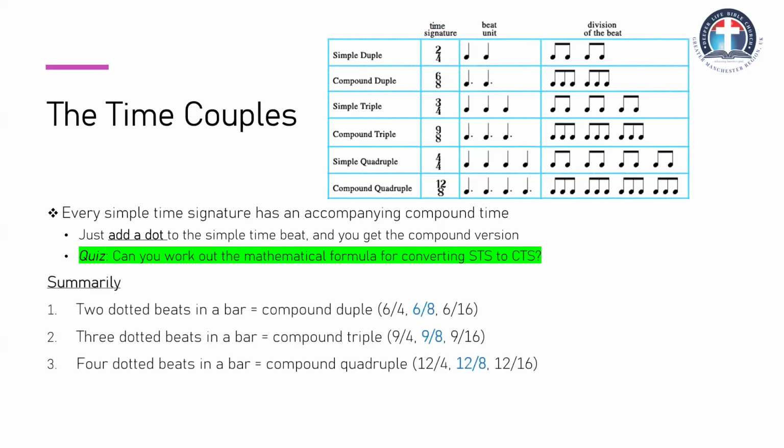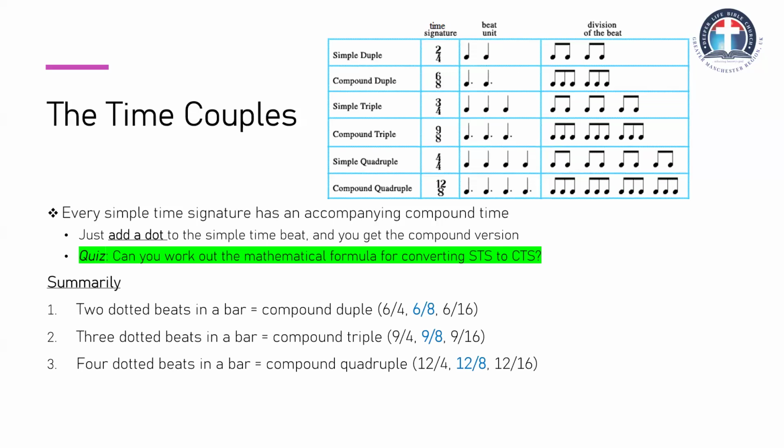Now, as we summarize, let's understand that just like we have duple, triple, and quadruple simple time signature, we also have compound duple, compound triple, compound quadruple. 2 dotted beats in a bar will give you compound duple.